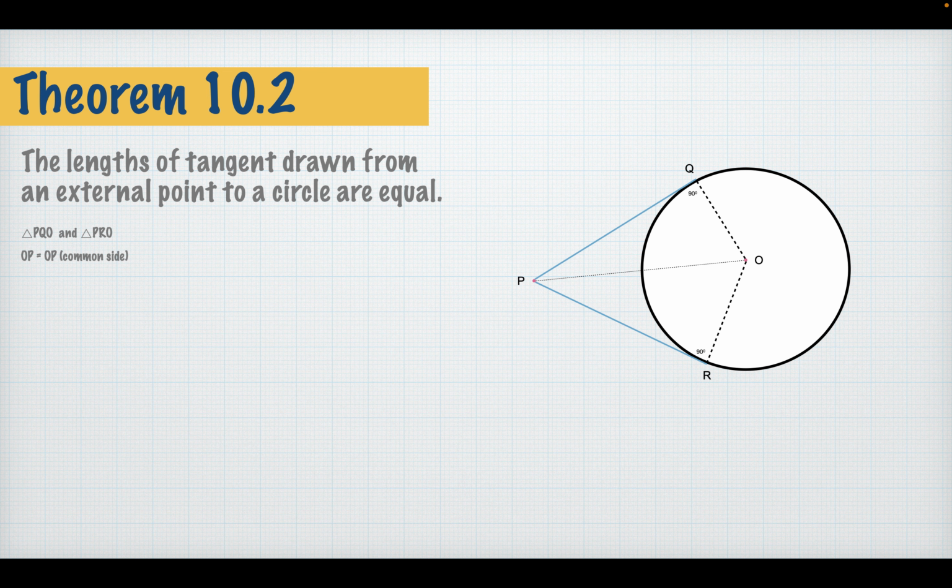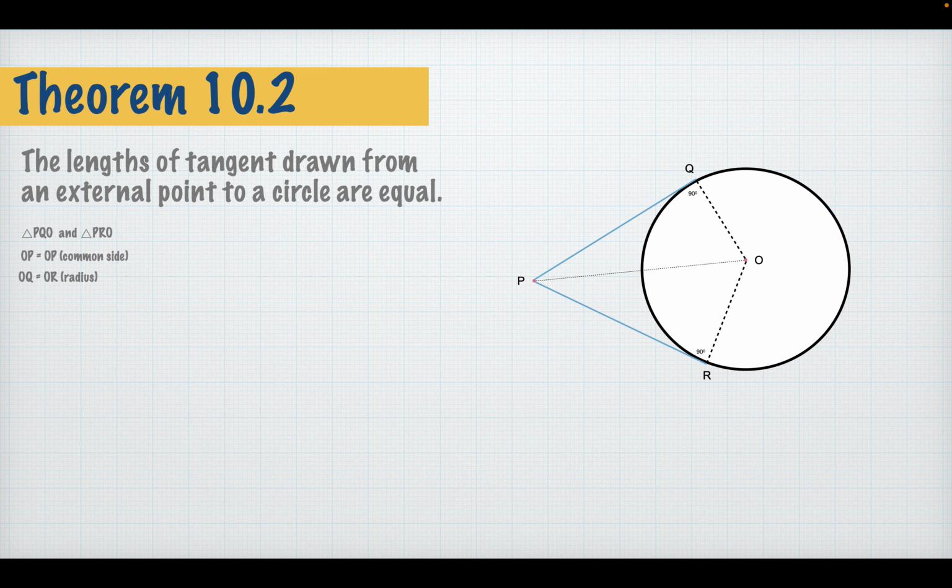So this is going to be the longest side. So the longest side is the hypotenuse, and it is going to be in both the cases. Even in PRO, this is going to be the hypotenuse. Why? Because it is facing the 90 degree angle, so it is going to be the longest side, and this is going to be the hypotenuse for both the triangles, and it is also the common side.